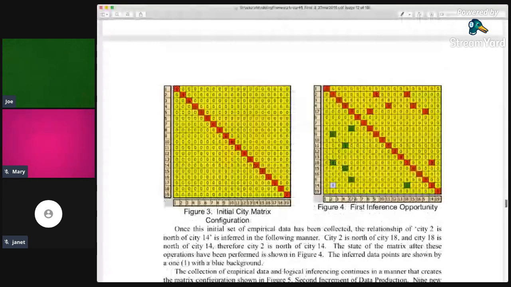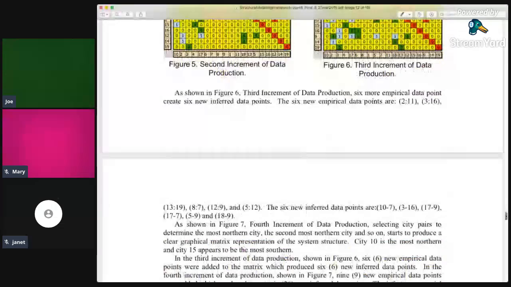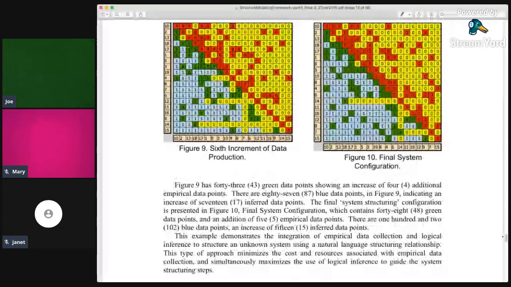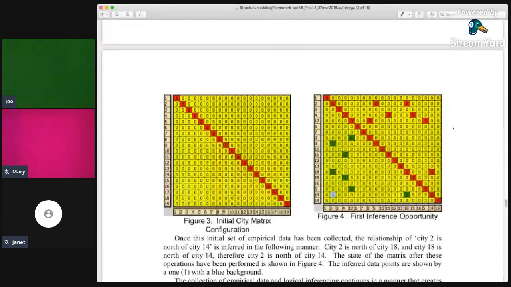So this was, of course, the initial cities problem that we talked about before. And I've gone through that quite a bit. The key characteristic that made this work was that the relationship here, north of, was an order.